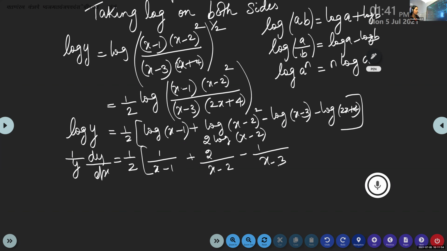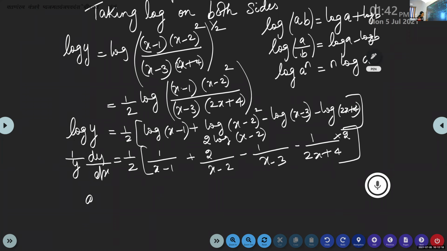Rijas, for the last term, what is the derivative? Minus 2 by 2x plus 4. Very good, Rijas. Okay. Derivative of log of 2x plus 4 is 1 by 2x plus 4 into 2, because when we differentiate 2x plus 4, we will get 2. Combining that, he gave the answer as 2 by 2x plus 4.